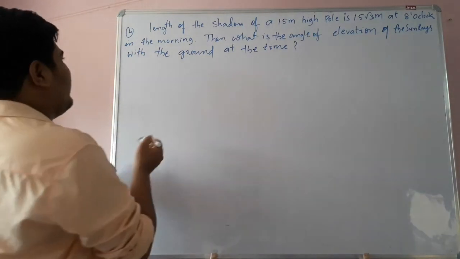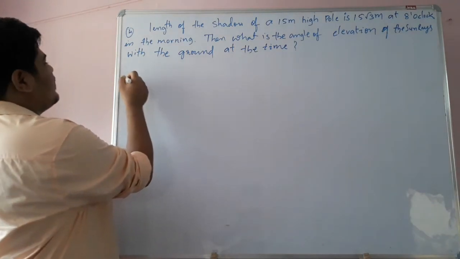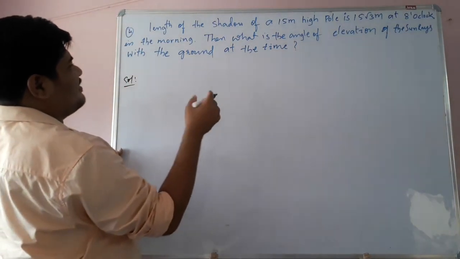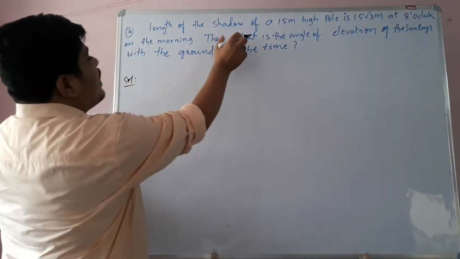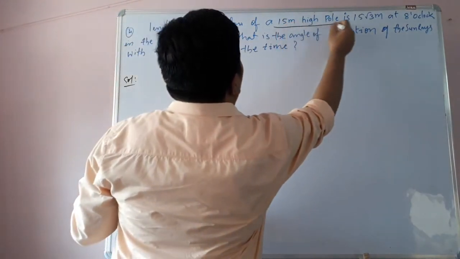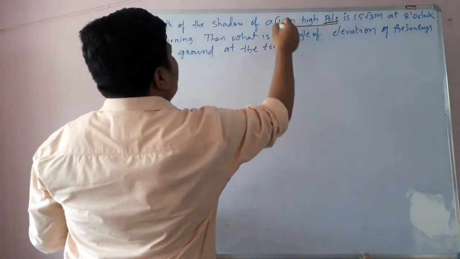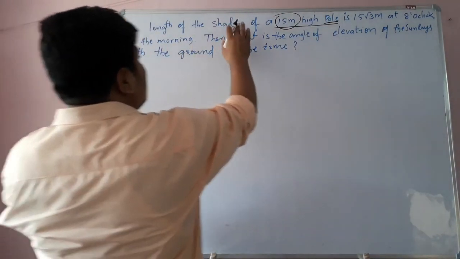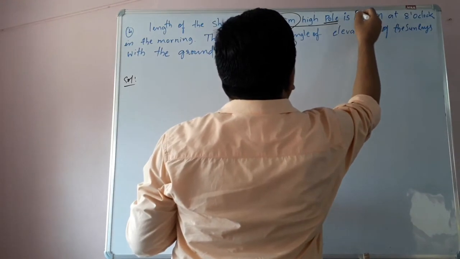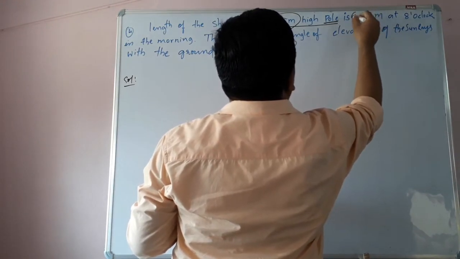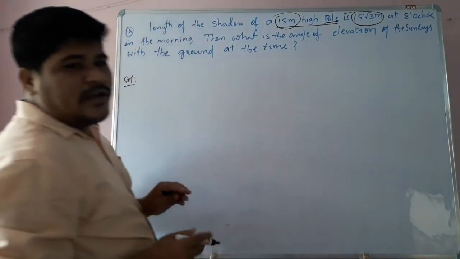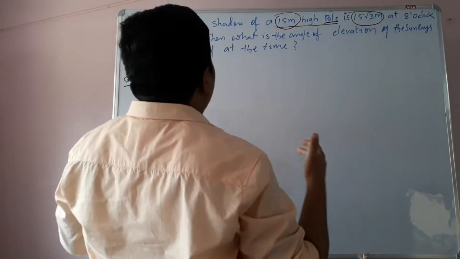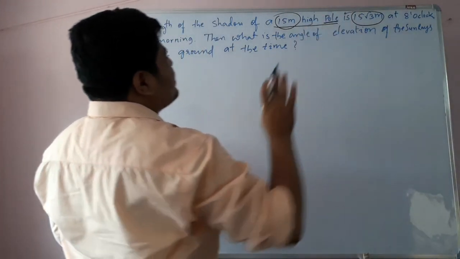Here the time is 8 o'clock, which is not needed for solving the problem. The height of the pole is 15 meters, and the length of the shadow is 15√3 meters.